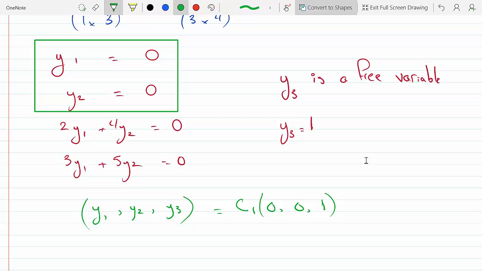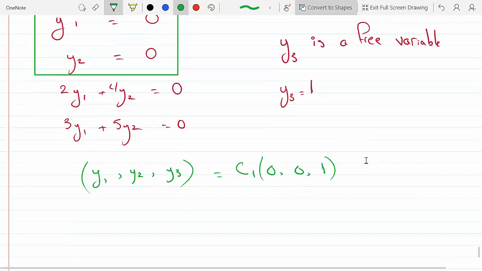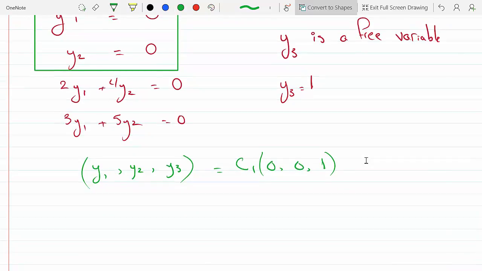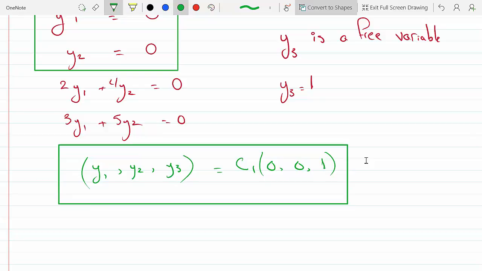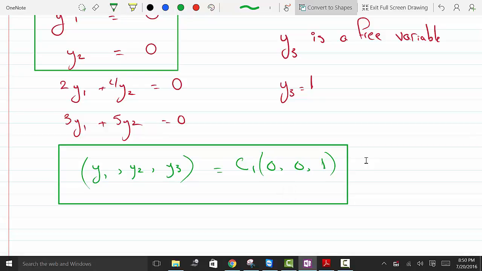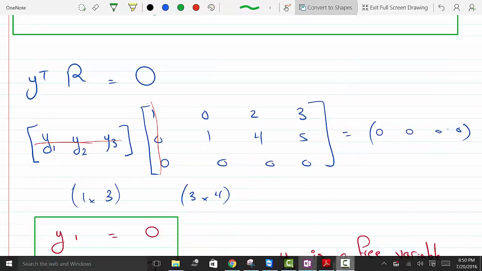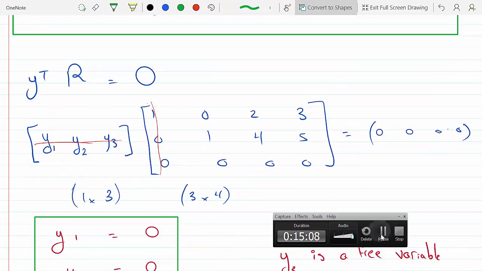Okay, so that means this will be the special solution for y transpose R equals 0. Some C1 times 0 0 1, and this is also the null space, which is a plane. 0 0 1, it's the xy plane. So this is the answer. There's only one special solution, C1 times 0 0 1, because there was one free variable in this. You get the idea? You wanna try the second matrix?